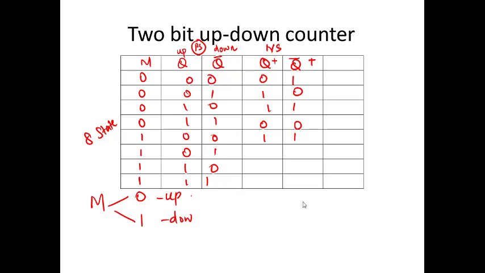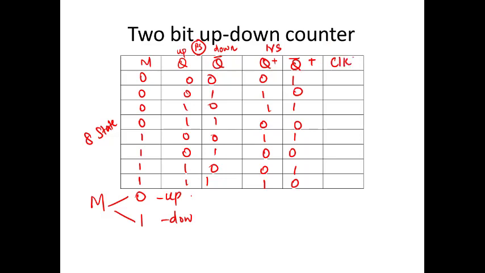If the present state is 0 1, for the down counter it has to be 0 0, and if it is 1 0, it has to be 0 1, and if it is 1 1, it has to be 1 0.